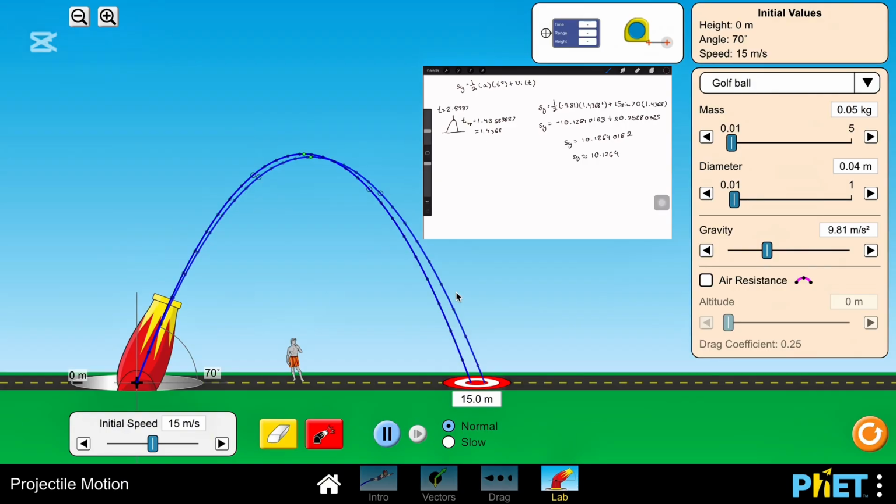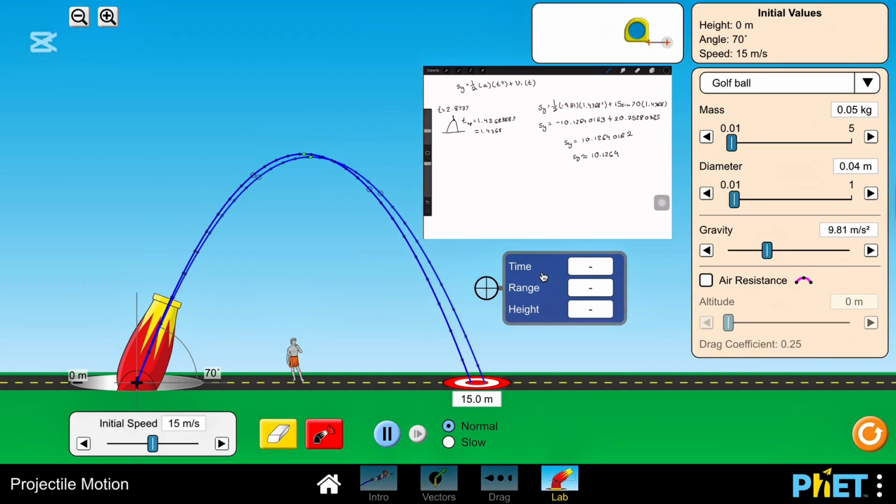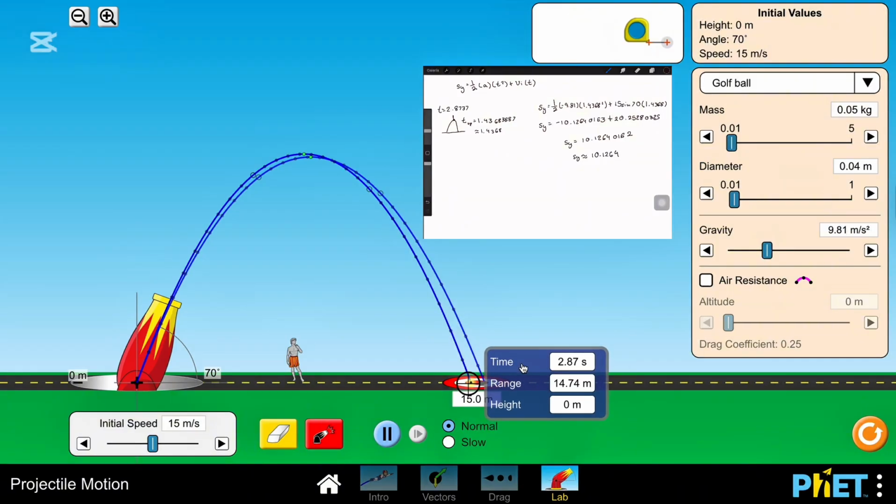Okay, so it's time to check with the simulator. And okay, I want 70, I think it's this one. Okay, we got that our time was 2.87. Here it is, 2.87. It's the same as there.